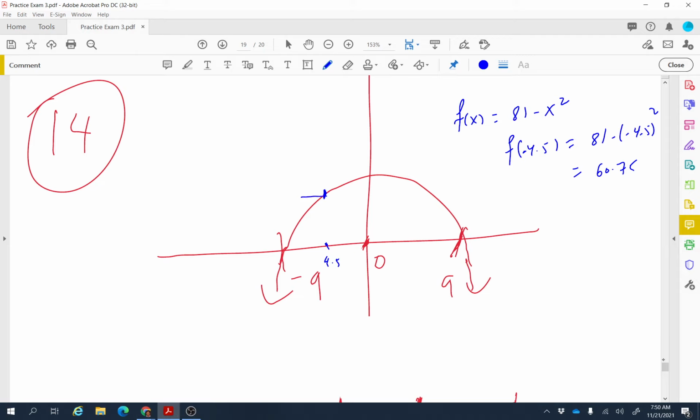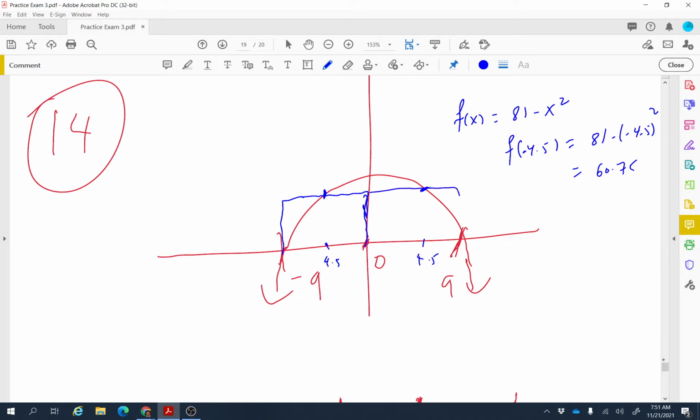We are going to create a rectangle from here. We are going to use this rectangle on this side, and on the other side, this is again 4.5. So make sure it has to be at the same point, because on the left side and right side they are equidistant, and because it's a symmetric graph, it has to be the same value.